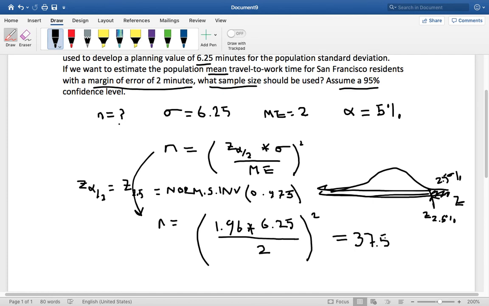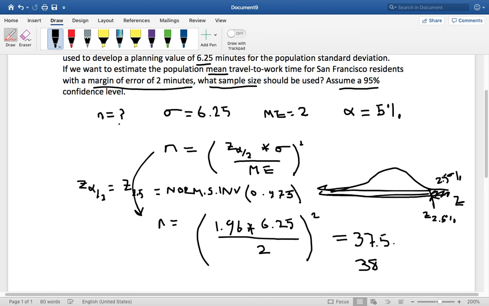Even if this number was 37.1, we wouldn't drop down and say we want a sample of 37 because it's the closest number. We're not looking for the closest number here. We're looking for a sample that is large enough to give us the degree of accuracy that we require. So I don't want the sample to go down. If anything, I want it to be a little bit over to ensure I have the right degree of accuracy. So the actual final answer to this one is our sample size will be 38.